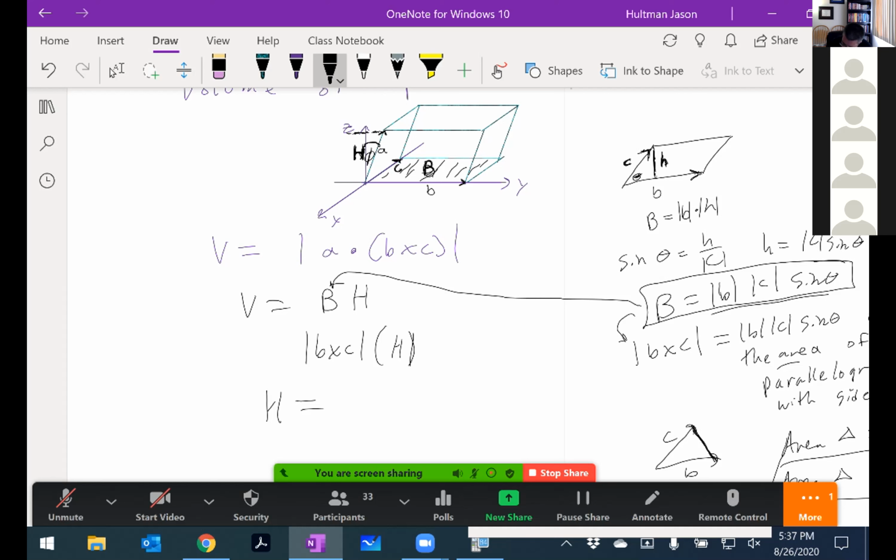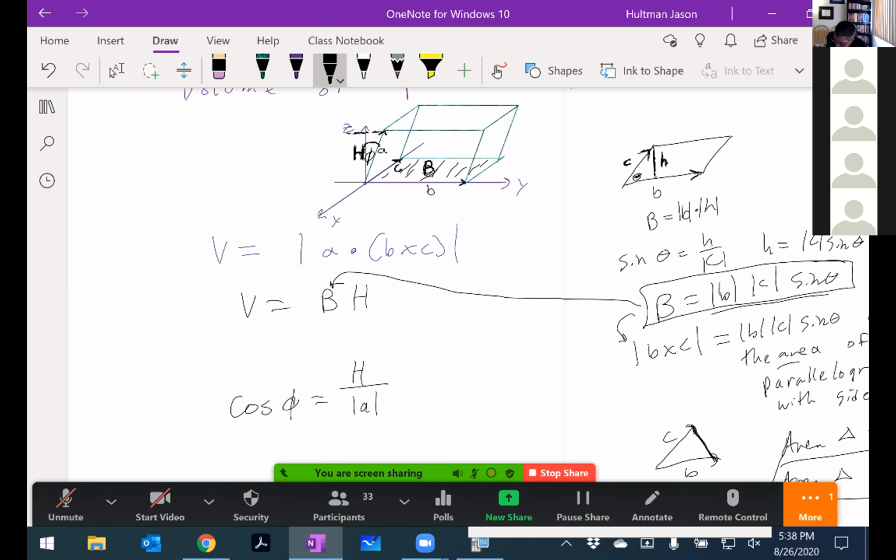the cosine of phi is equal to, maybe I'll just do this, it's getting too garbled. The cosine of phi is equal to H over the magnitude of A. Does it make sense?